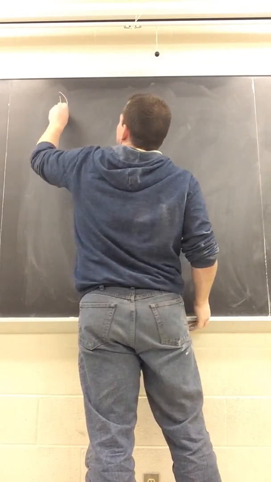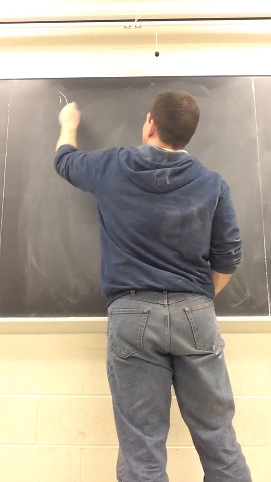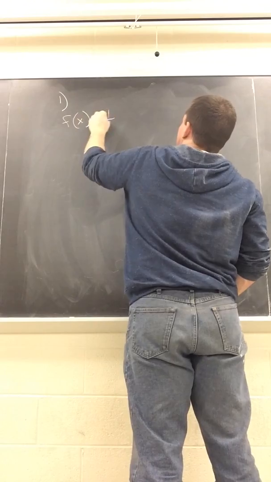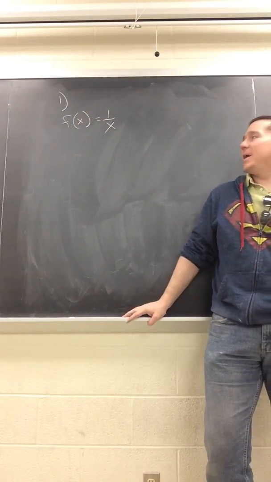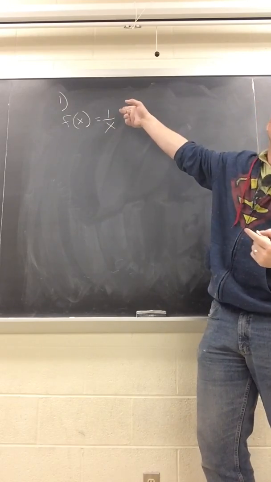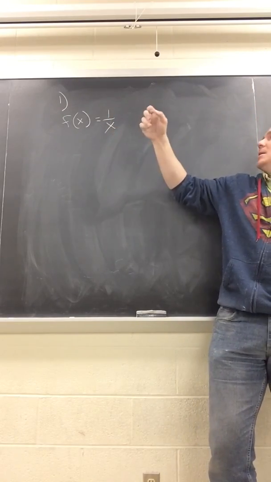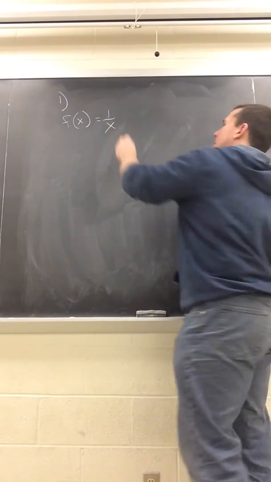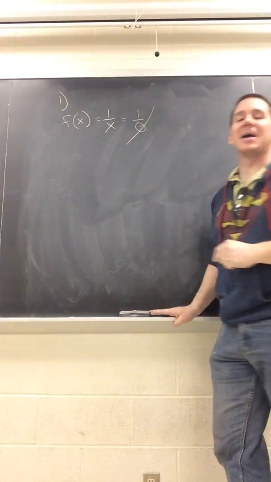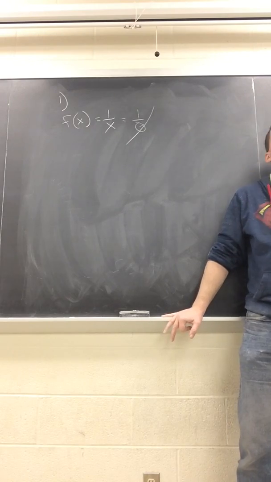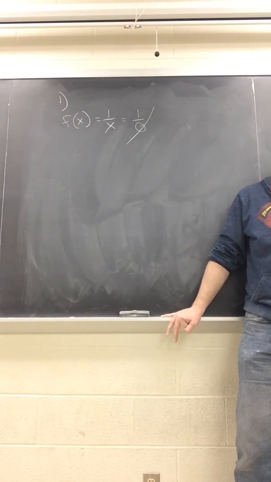For the first one, suppose we have f of x equals 1 over x. Right away, it should be obvious that I can't put any number in there for x. If I plug in x equal to 0, I get 1 over 0, which does not work, because I can't divide by 0. Which means 0 can't be in my domain.